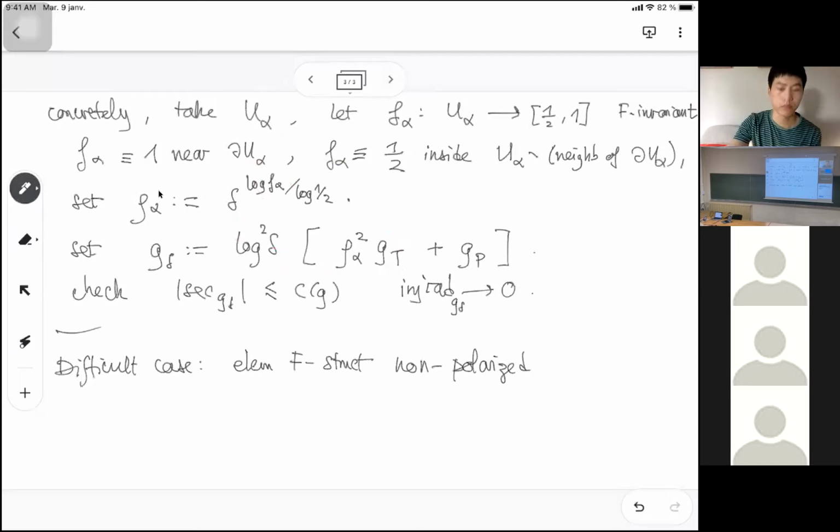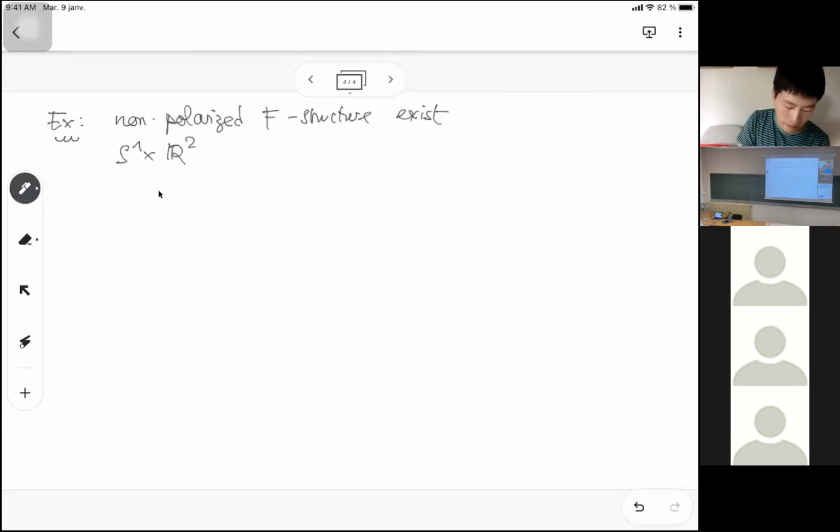There's a lot of them. A trivial example, here it is. If you take S1 cross R2, you have a natural T2 action, which is given by (s, t), so this is in the torus.